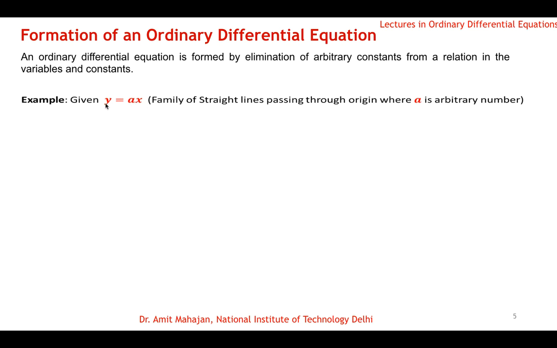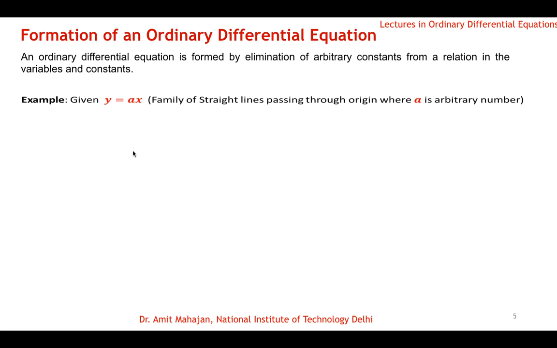So what is this? This is an equation of straight lines passing through the origin. We call it a family of straight lines passing through the origin where a is an arbitrary number. It's a one-parameter family, there is one constant.